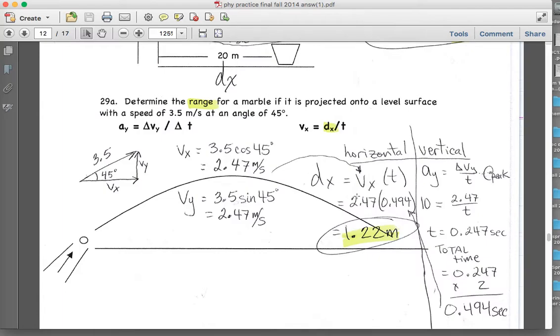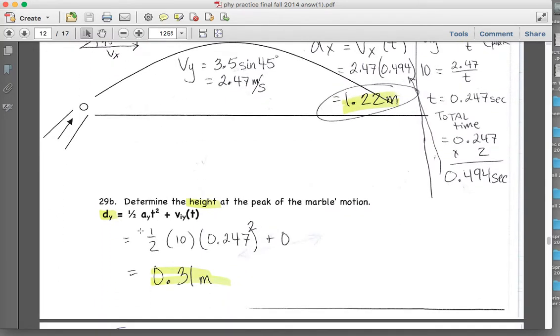And then we would also use our horizontal velocity times the total time to give us the horizontal distance. Now remember, this one's a 45-degree angle, so that is why we would in fact expect our horizontal and vertical vectors to be the same at a 45-degree angle.